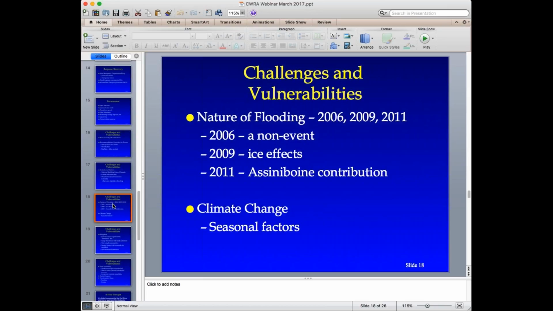And in the Manitoba part of the basin, 2009 led to a number of ice-affected issues, and that was when Manitoba upped its game in dealing with ice effects and managing floods under ice conditions. So 2009 was a different breed of cat, but it still led to additional activity aimed at making communities in the Red River Basin more resilient.